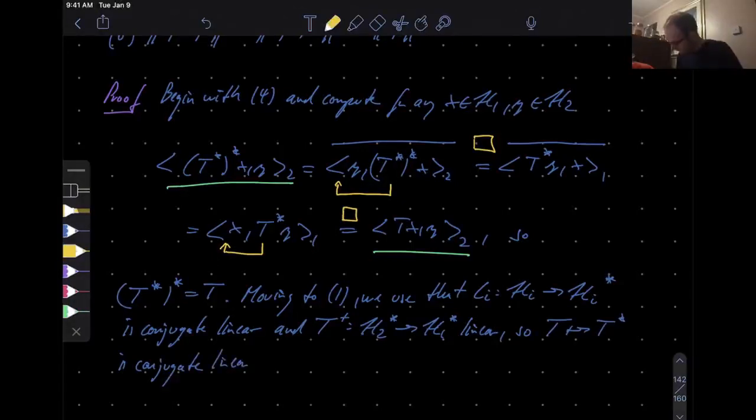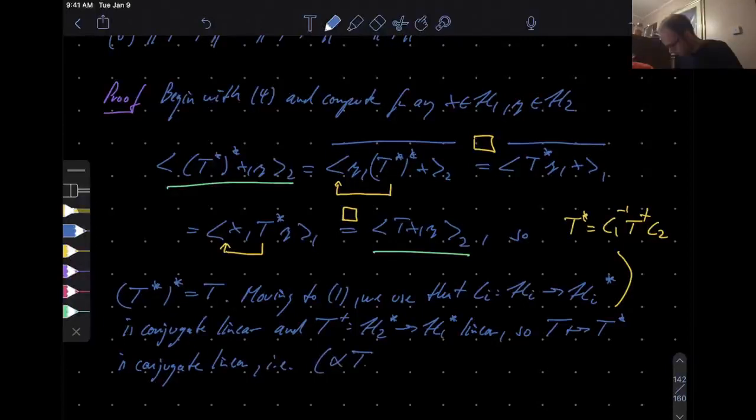Remember, maybe I'll write this here. So T star, how was it defined? It was in the order C1 inverse, T dual transformation, and then C2, right? So that as a composition of conjugate linear maps is conjugate linear. Okay, that's clear. Let's write out the conjugate linearity once.